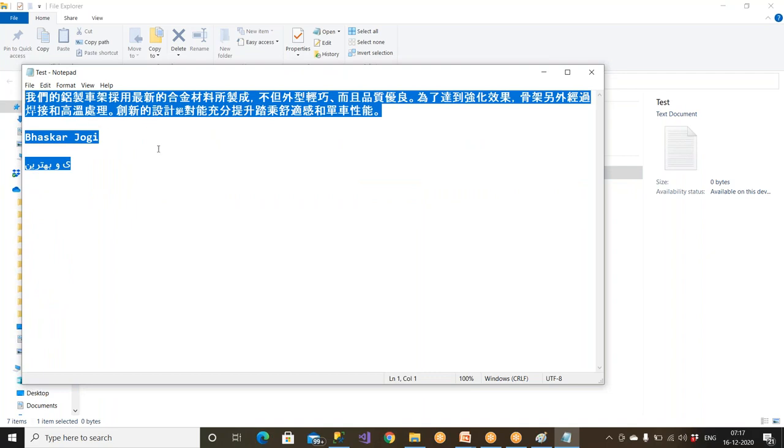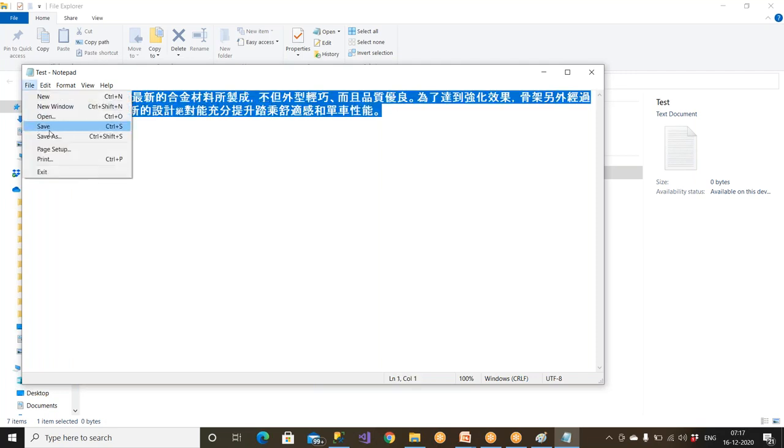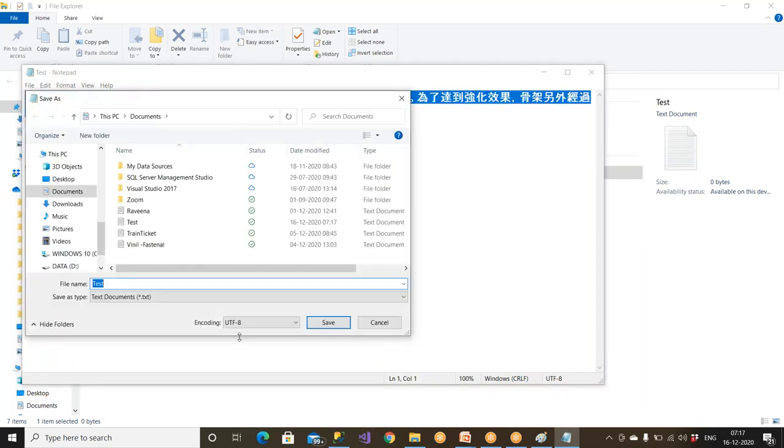Now, Notepad is also supporting this, but if you go to olden days notepads, they were not supporting all of them. While saving, it is taking UTF encoding. If you have a normal other encoding, it is not able to save it.